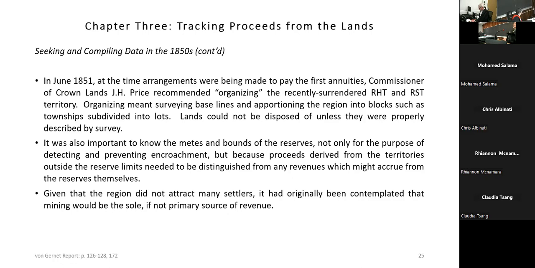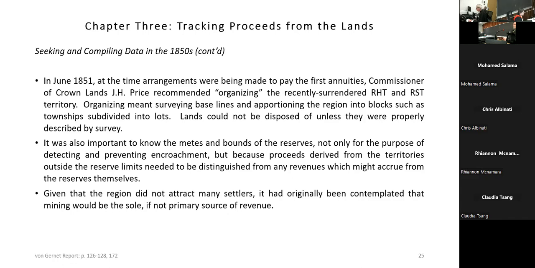There's already some monies available from mining, but it was very modest. So they have been keeping track already of proceeds prior to the treaty. And there is a document extant that shows what those proceeds were, which I discuss in my report. They continue to do that over the course of time.